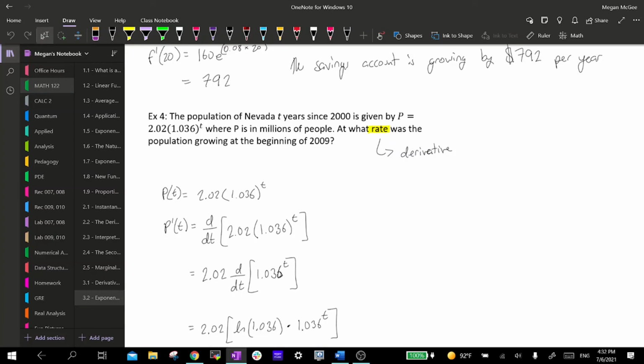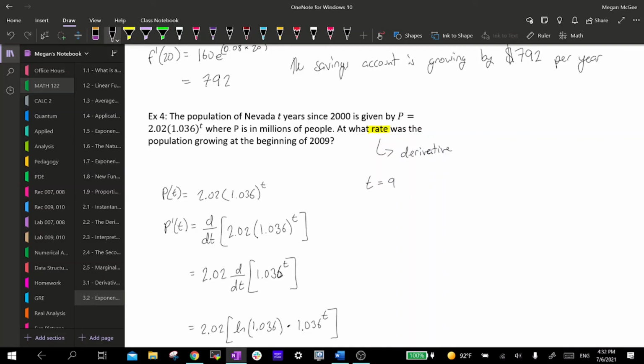So the population of Nevada, t years since 2000. At what rate was the population growing at the beginning of 2009? So if t is the number of years past 2000, then t should be equal to 9.